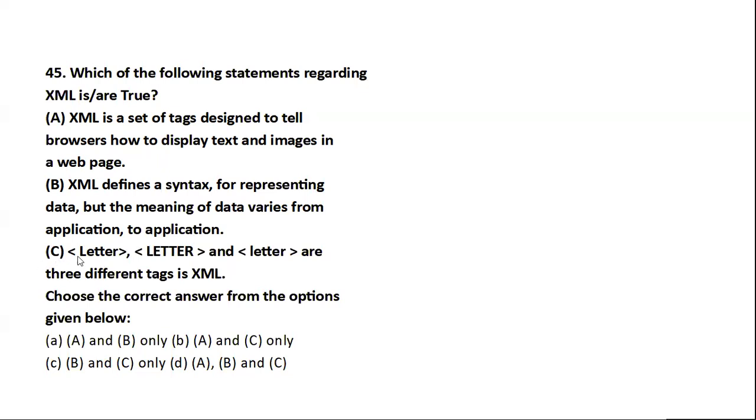Option C: XML is case sensitive, so three tags written with small and fully capitalized letters are three different tags in XML. Choose the correct answer from the options given below.